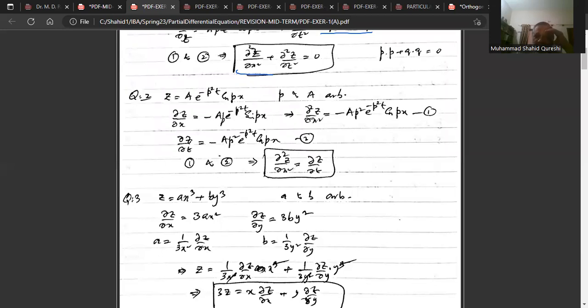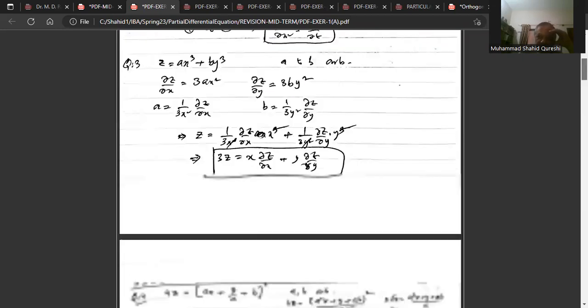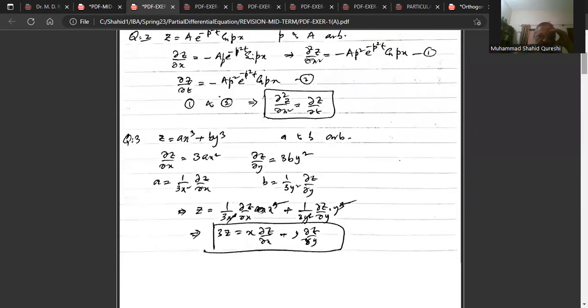We can consider many different situations where arbitrary constants are involved, like A and B, and independent variables are in the shape of x cubed, y cubed. You take the derivative with respect to x, you take the derivative with respect to y, and see that from this result of the derivative with respect to x, the arbitrary constant A can be written in this form, and from the derivative with respect to y, the value of arbitrary constant B can be written in this form.